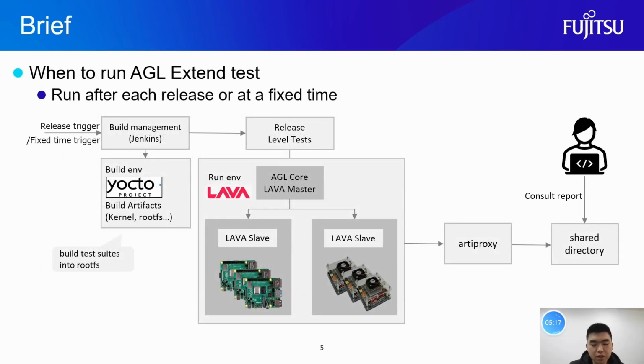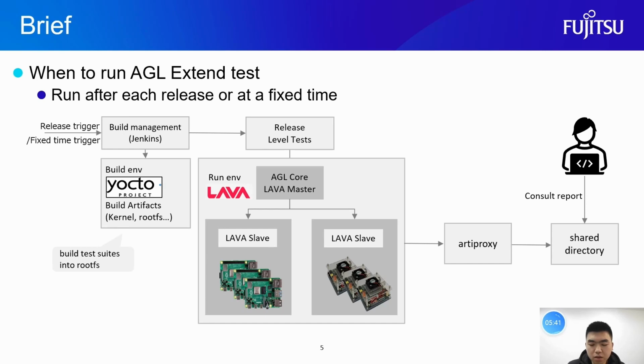Let's take a look at how AGL test frameworks support multiple test scenarios. The first type is that when a new version is released, or for regular testing. Its process is basically as follows. After being triggered, image under test will be built in the environment of Yocto.